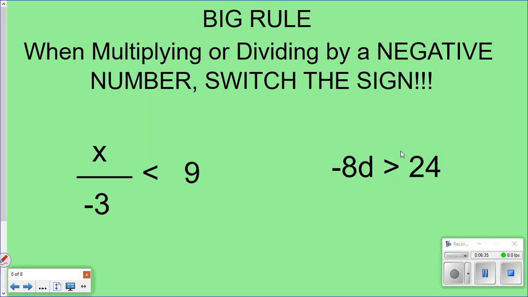And you're going to want to know this and circle it and star it and highlight it. And I'm going to put in a word here, inequality sign. Yep, so if you multiply or divide by a negative number, you have to switch the inequality sign.